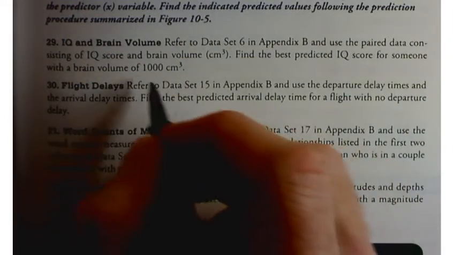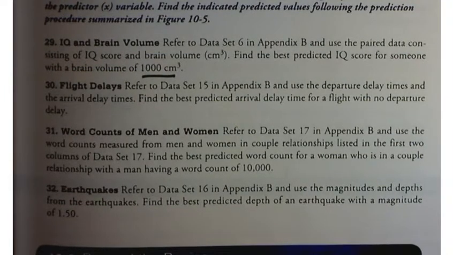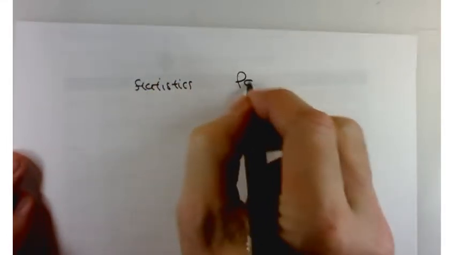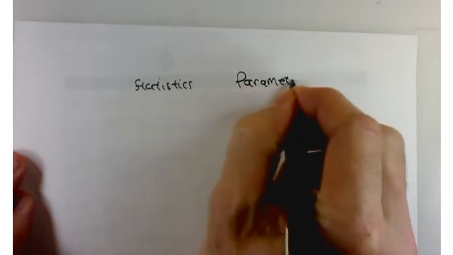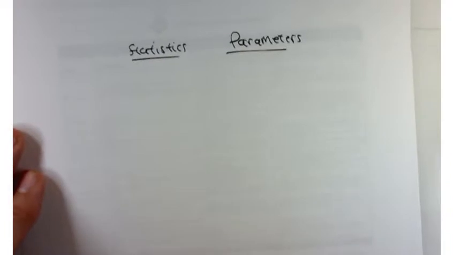So let's revisit some of our old statistics and parameters, and we're going to add a new one to this. For the mean, the statistic was x bar. The parameter was mu. For the standard deviation, what was the statistic and the parameter?